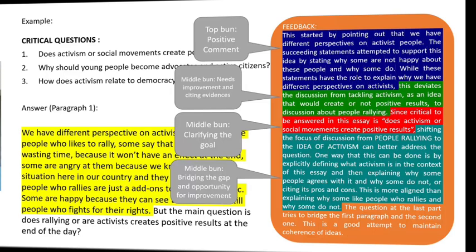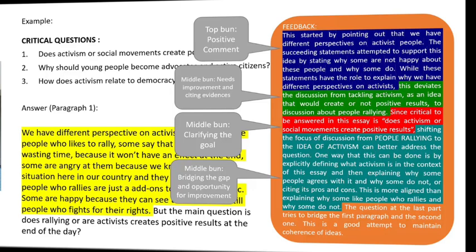For example, one way that this can be done is by explicitly defining what activism is in the context of this essay, and then explaining why some people agree with it and why some do not, or citing its pros and cons. This is more aligned than explaining why some people like who rallies and why some do not.